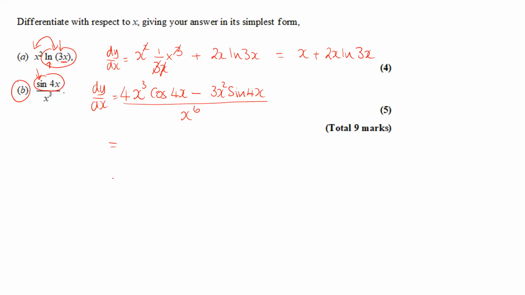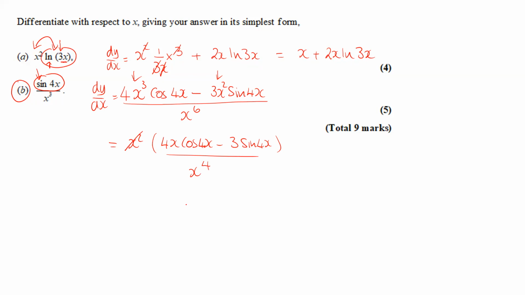Now, would anybody tidy up there? We could possibly take what's the common factor here and here. We would take an x squared out, and then that would be 4x cos 4x minus 3 sine 4x all over x to the 6, and then I could cancel them, and that would reduce down to 4.